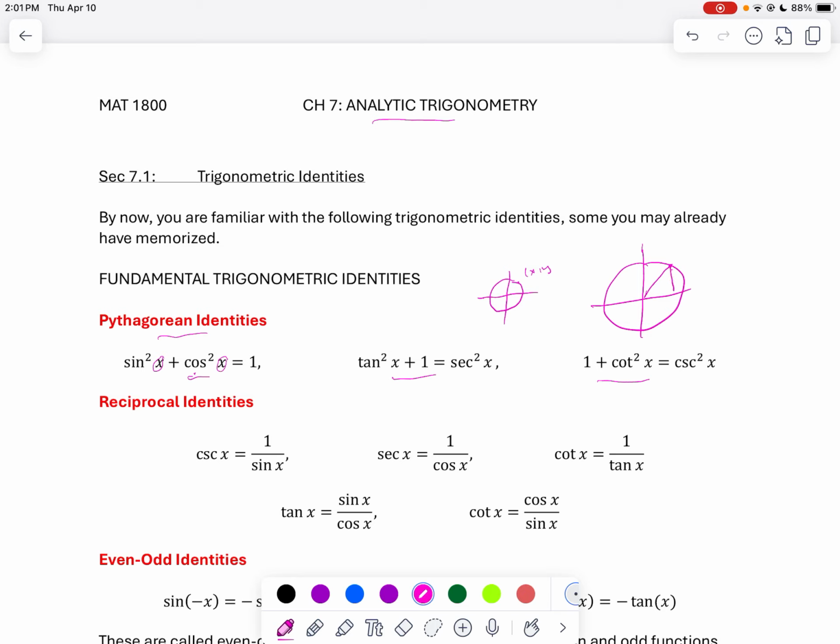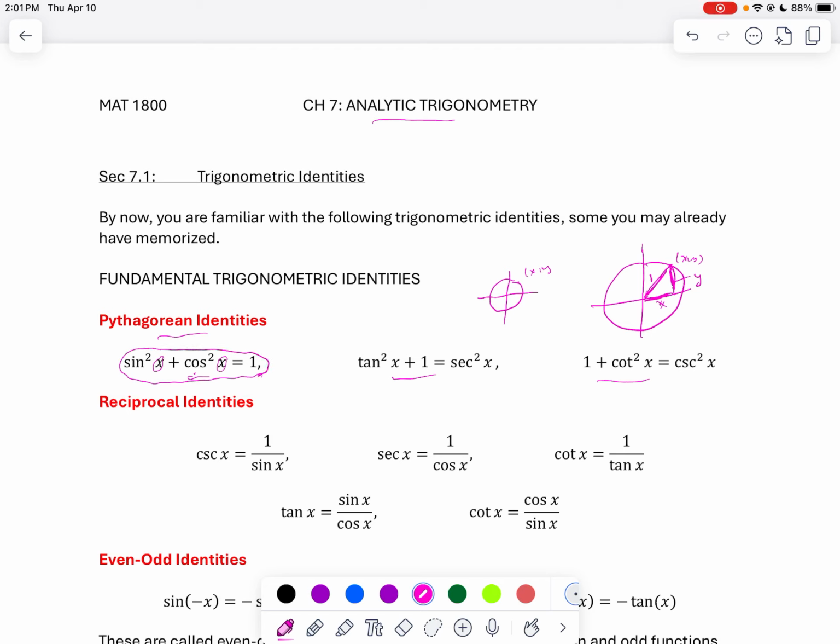If I draw a perpendicular from here, and the coordinates of this point are (x, y), then this side is x, this much is y, and this one will be 1 because the radius is 1. So you see x squared plus y squared is equal to 1. That is the Pythagorean theorem which we can apply here, and it gives us this identity first.